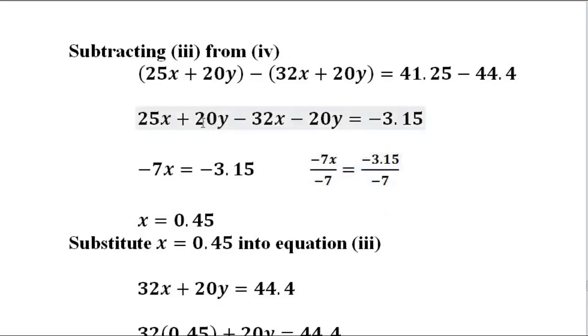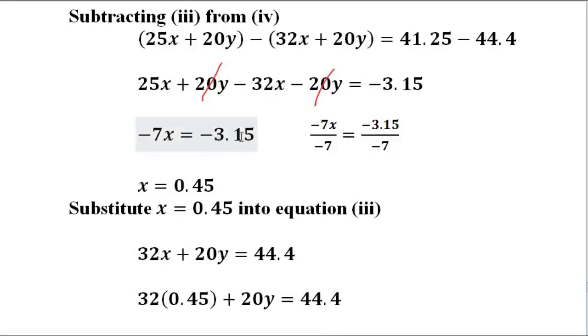As you can see, positive 20y and negative 20y will cancel each other out, so we get 25x and negative 32x, negative 7x, and the right side negative 3.15.